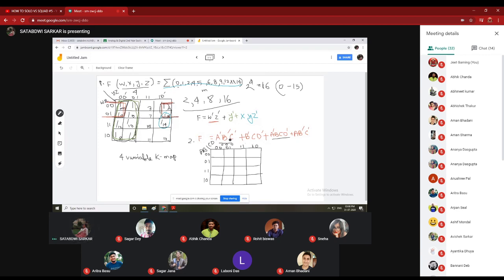So for these two positions will be 1. Why? Because D is not written here, so the value of D may be 0, may be 1. Okay, so we have to put 1 in both positions. Here A is absent, so we don't know the value of A. Here B bar, that is 0, 1, and D bar, that is 0.